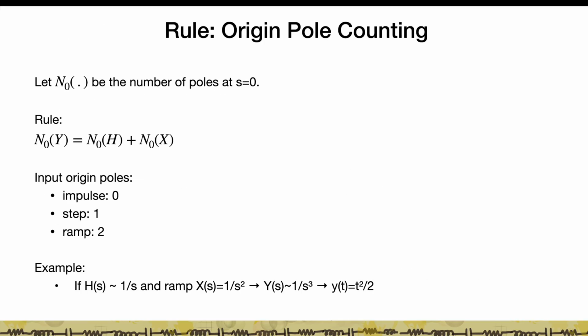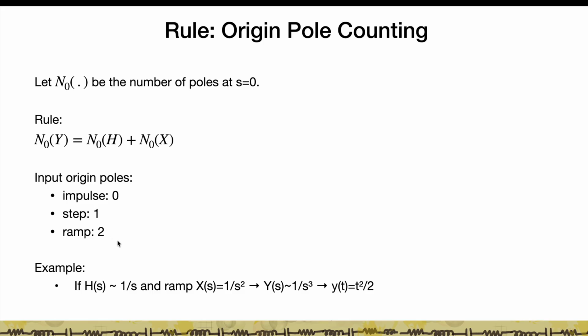Now here's one rule you can keep forever: origin pole counting. Let n0 be the number of poles at s equal to 0. Then n0 of Y is nothing but the n0 of H plus the n0 of X. The impulse adds 0, the step adds 1, and the ramp adds 2.